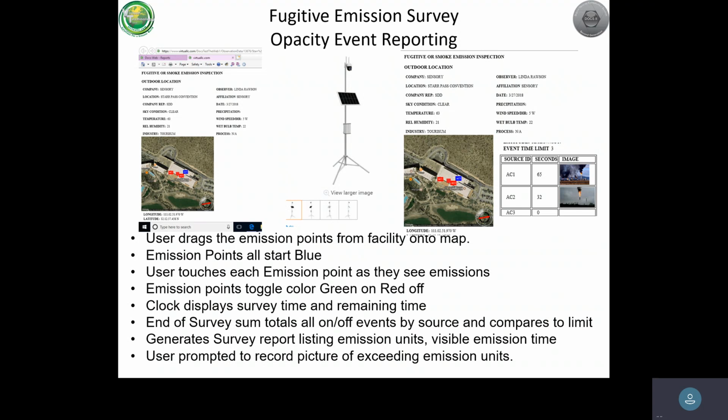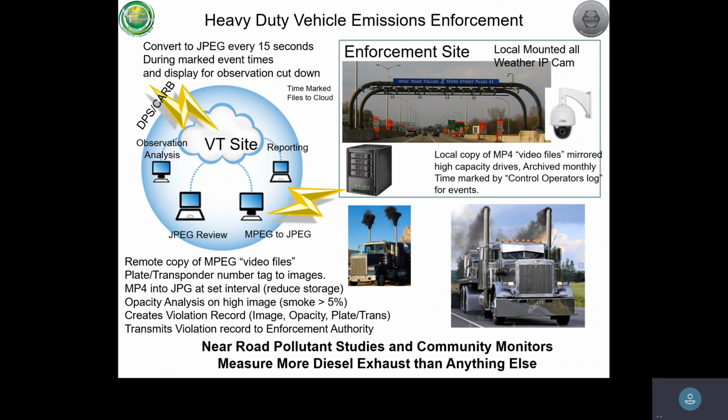If I'm a sand and gravel operator, I don't have to do a Method 9 on everything, but once every morning and every afternoon, I have to walk through my place and verify that I didn't see any visible emissions greater than what my permit value is. And if I did, then I have to act on that. So this was built for our customers in Arizona who deal with that, and I found out that that particular law seems to be going all over the place.